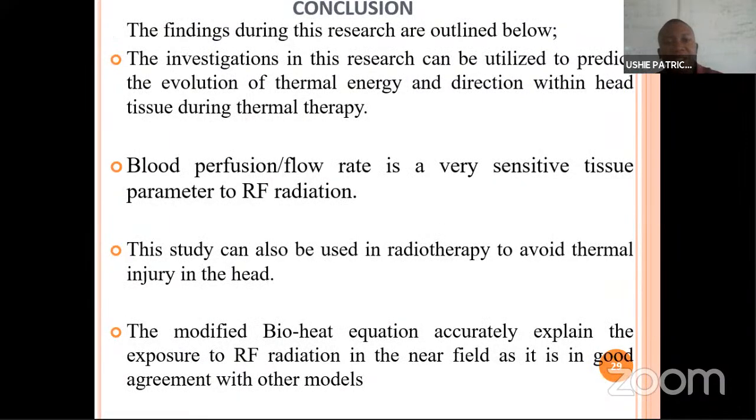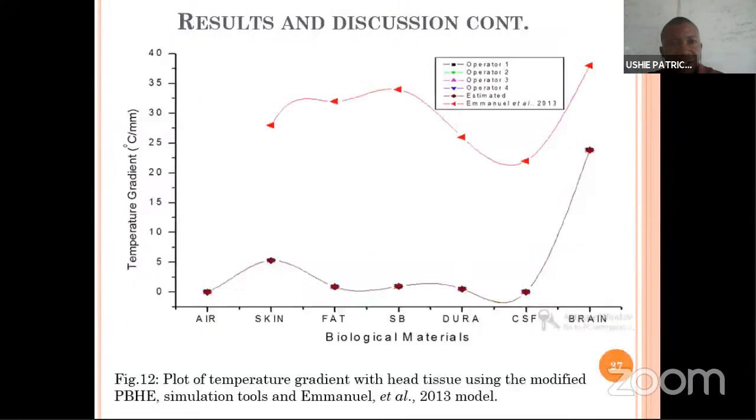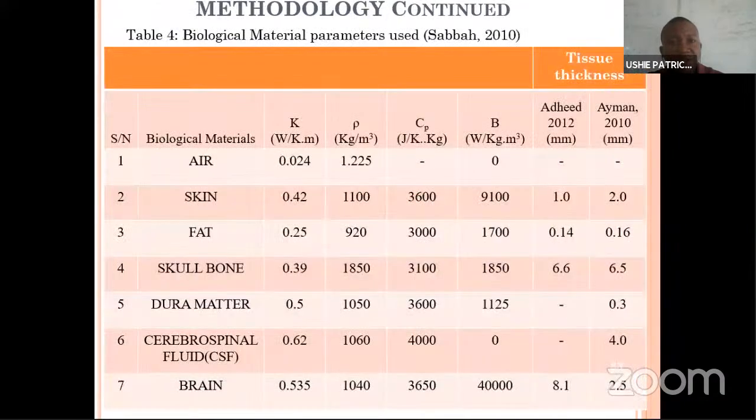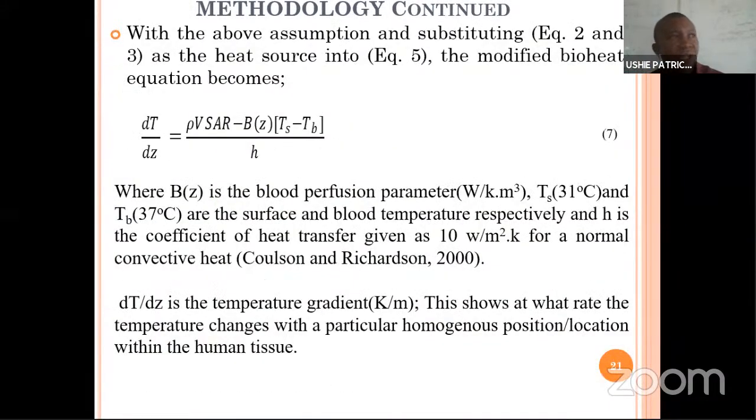So we're also looking at that if we use this equation 7 as a heat source, it can also be applied in hospitals because we have already tested it for radio frequency radiation.